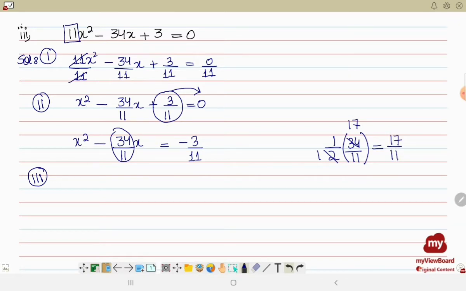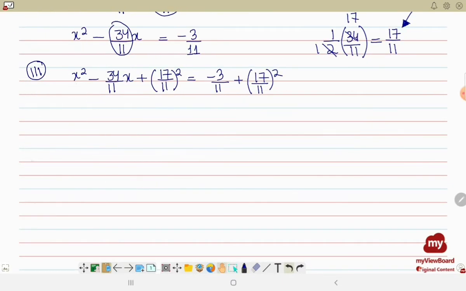To multiply the coefficient of x by 1 by 2, and whatsoever we get at the end, we have to add the square of this term on both sides. So it will be x square minus 34 by 11x plus 17 by 11 whole square equals minus 3 by 11, and we add the square of it, 17 by 11 whole square.